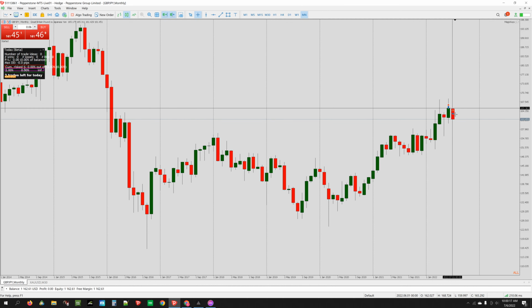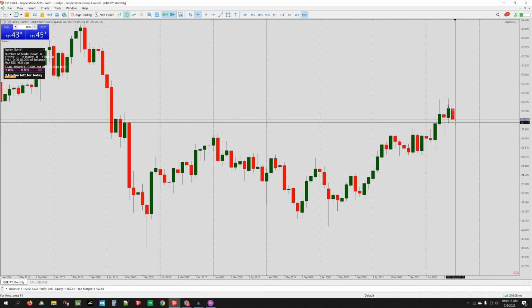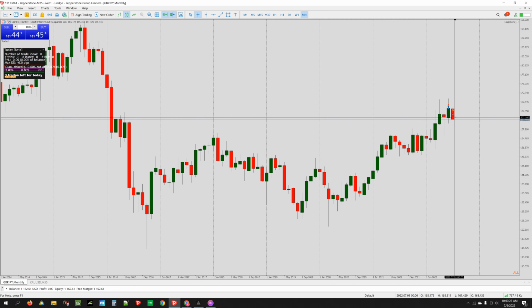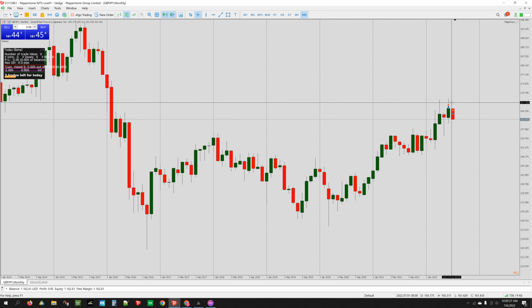Price did a fake out above, and then it is moving down. But still the whole idea is it may be wicking down to move up later on in the month, because we have around 24 days left in the monthly candle closing, so we don't know where this monthly candle will go.